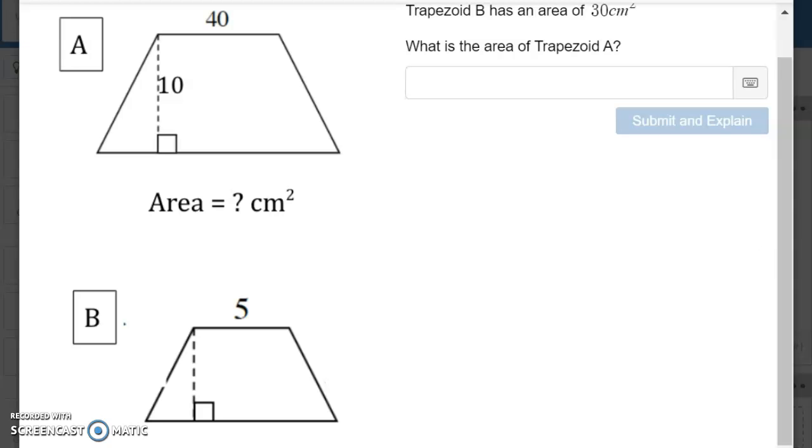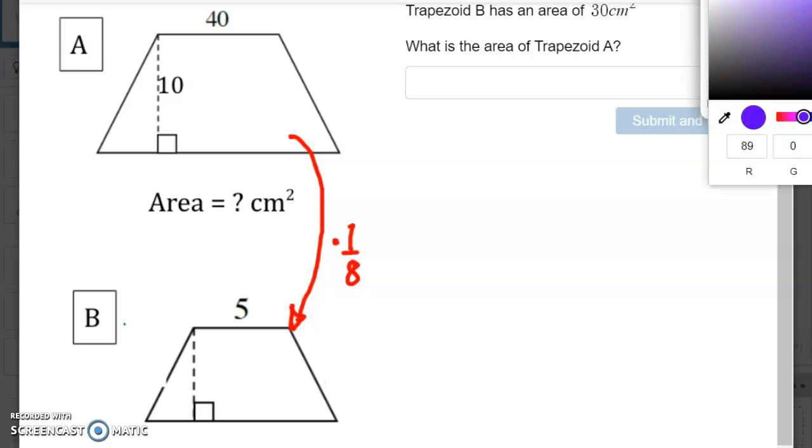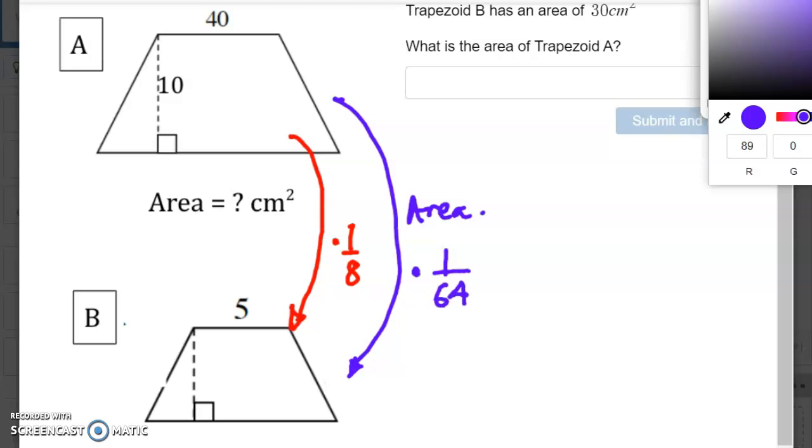That means the scale factor was 1/8. So you would expect the area to be reduced by the area scale factor. For the area, it's going to be multiplying by 1/8 squared, so that's going to be 1/64. 8 squared is 64.